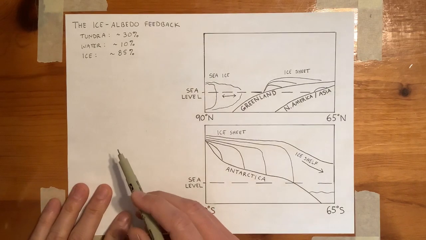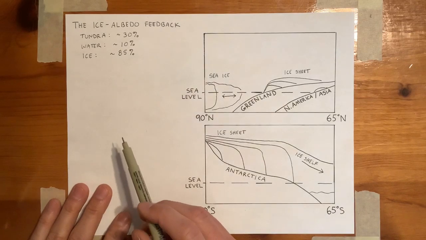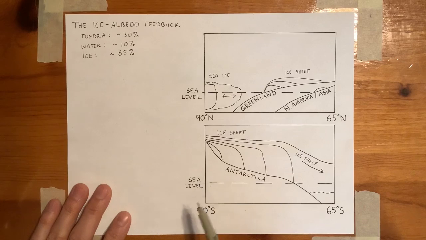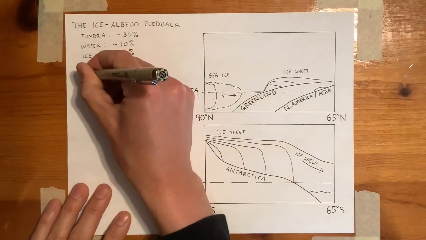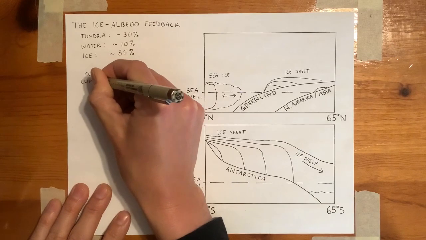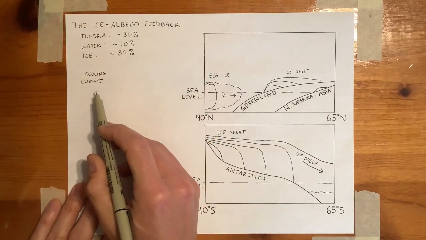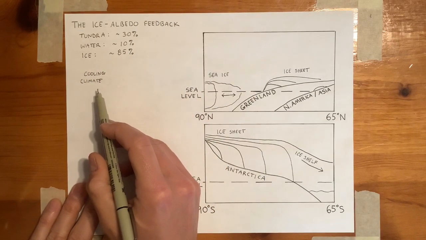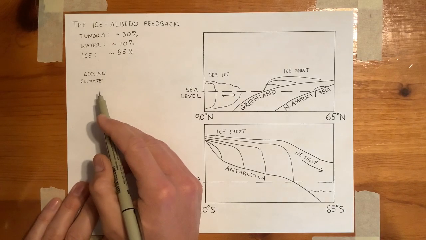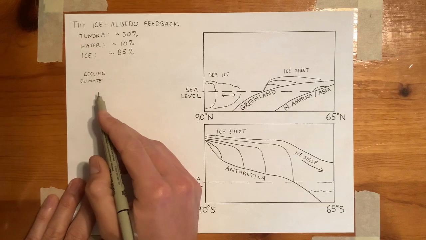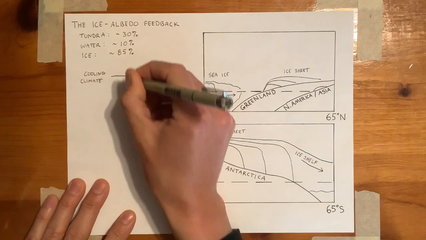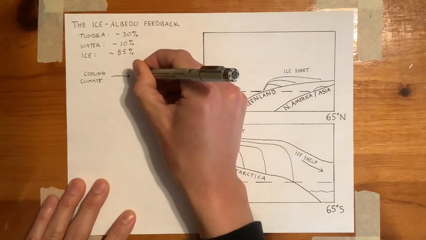Okay, so as ice appeared in Antarctica starting about 30 million years ago, we had a cooling climate. Earth's climate was cooling because of the drawdown of atmospheric CO2 from chemical weathering of the Tibetan Plateau. Okay, so this cooling climate created a situation where we could grow more snow and ice.